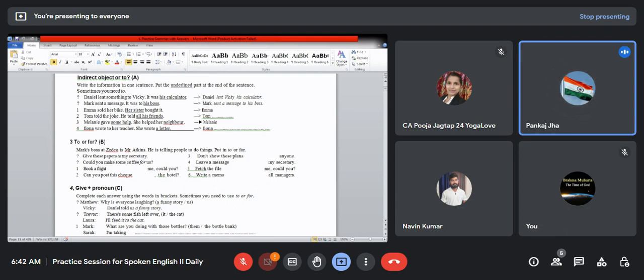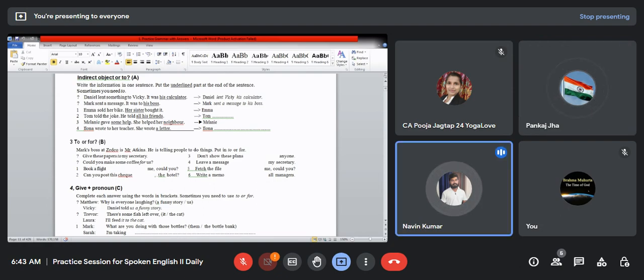But after some practice every day, our word bank is limited. Suppose 100 words in our mind, and every day we repeat regarding speaking. Then after some time, it becomes easy.